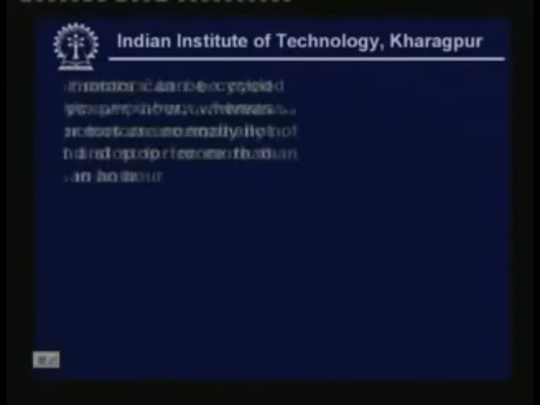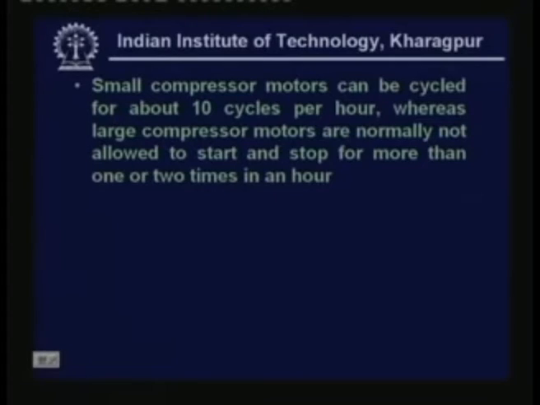Normally, when the system is very large, it cannot start and stop so frequently, whereas small capacity systems can stop and start more frequently. As I have already mentioned, small compressor motors can be cycled about 10 cycles per hour, whereas large compressor motors are normally not allowed to start and stop more than 1 or 2 times in an hour.